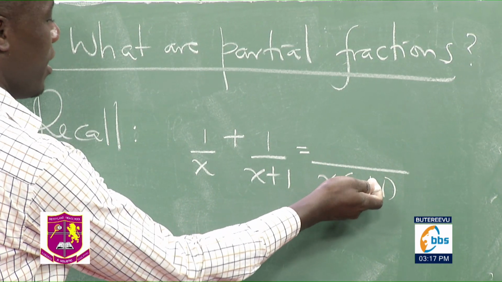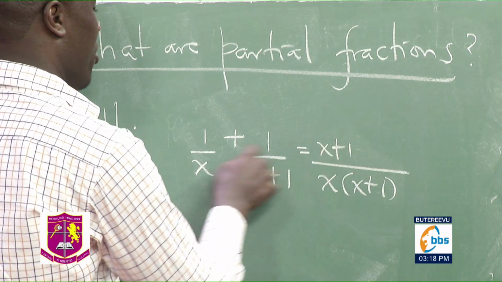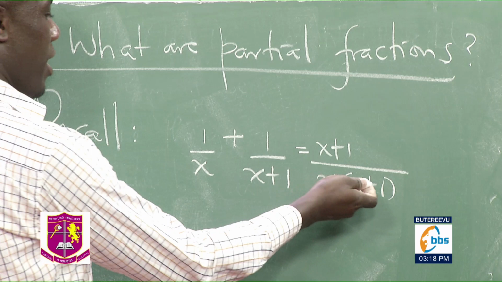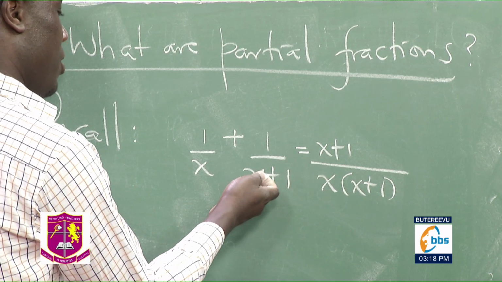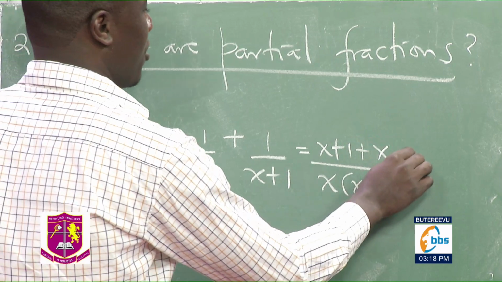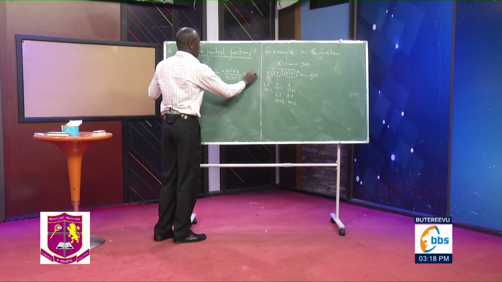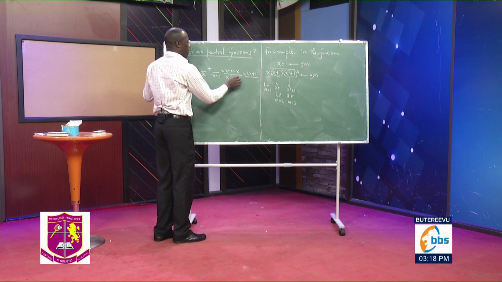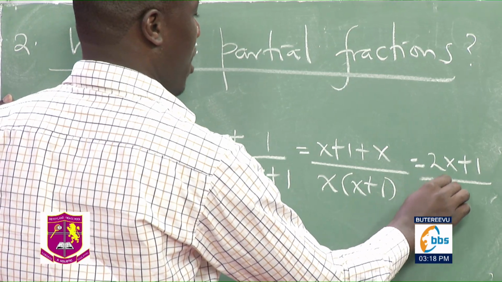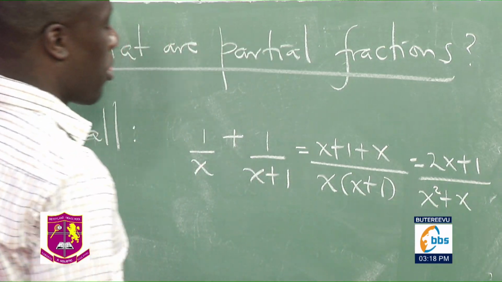and then you get this, divide by this, which is just x plus 1. You multiply by that, and then you get this, divide by this, which is x, times 1, which is just plus x. So that you would end up with something like 2x plus 1 over, of course, x squared plus x.